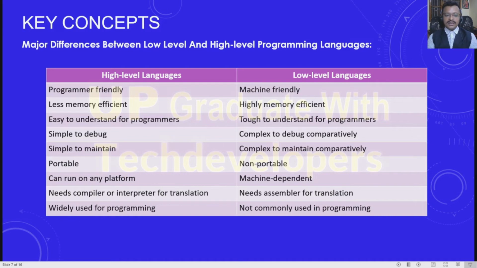High-level languages need a compiler or interpreter for translation. Low-level languages need an assembler for translation. High-level languages are widely used for programming, whereas low-level languages are not commonly used in programming.